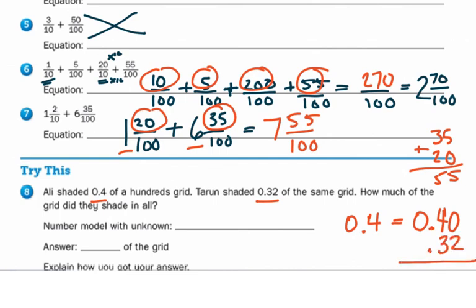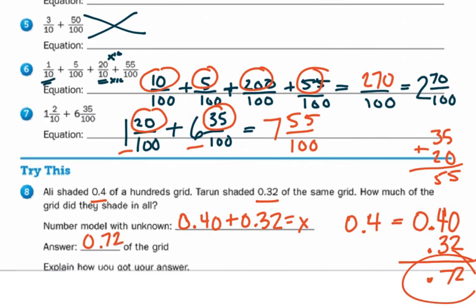Line up those decimal points and go ahead and add. So I would take 40 hundredths plus 32 hundredths equals X. And we have the answer as 72 hundredths of the grid.